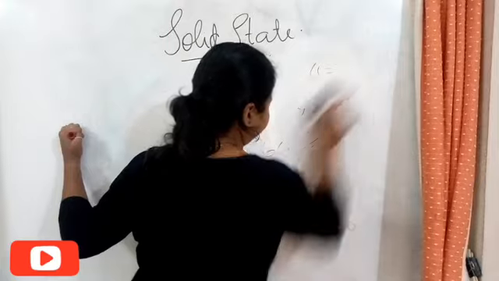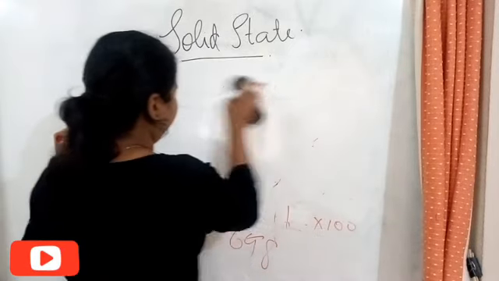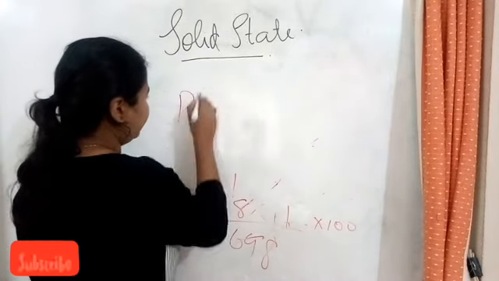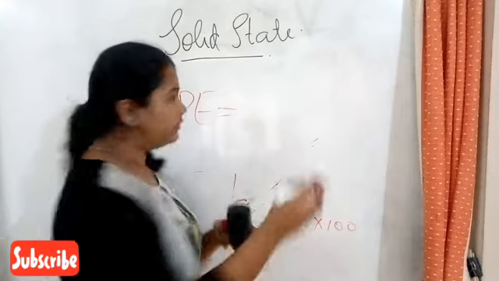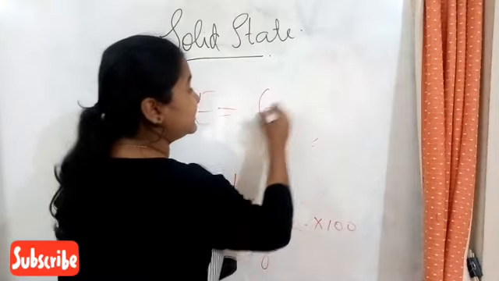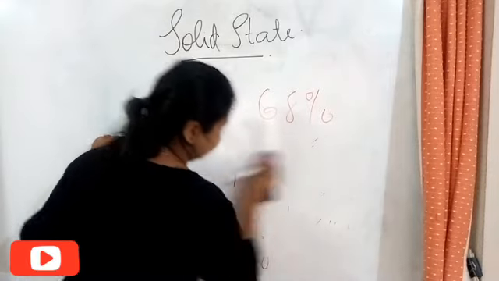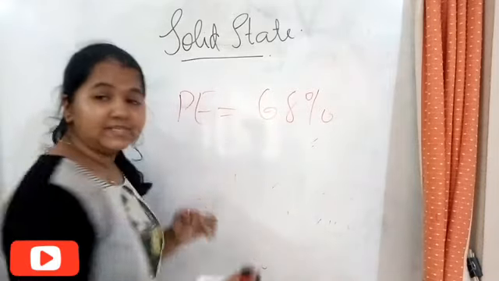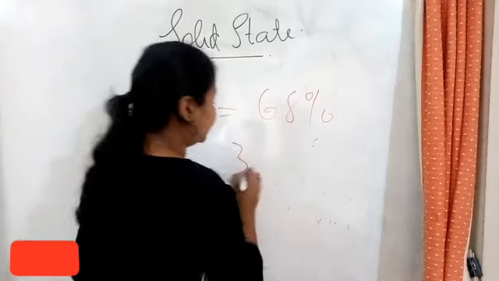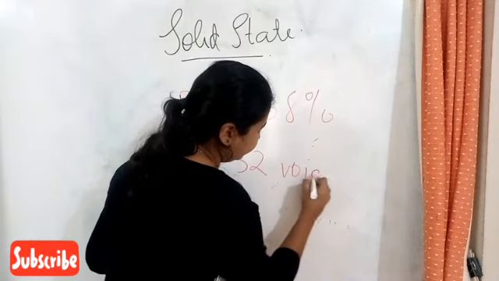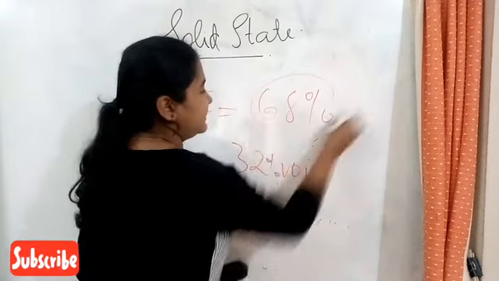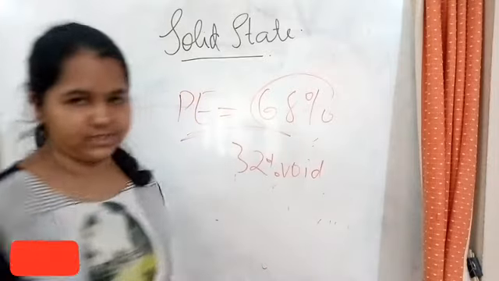So the packing efficiency is equal to how much? That is 68%. What? 68%. That is, there is how many percentage of void? 32% void and 68% packing efficiency.